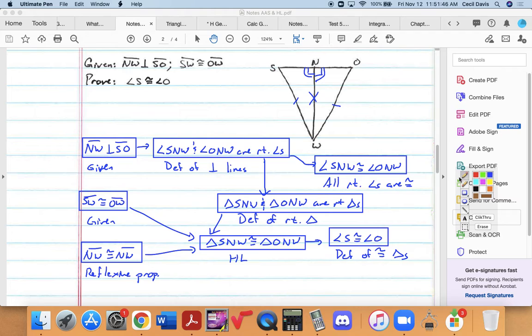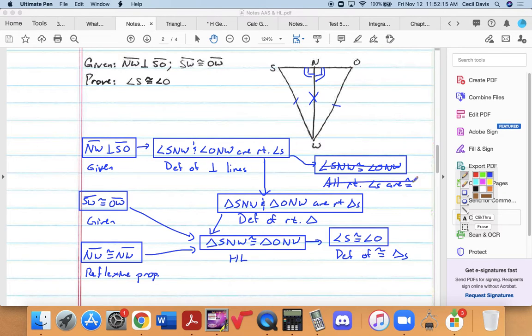I want to point something out to you before we go on to the next one, and that is, did I really need this step? Did it lead anywhere? No. So if you had been thinking far enough ahead to realize that it was hypotenuse leg, you could have left that step off. It's not wrong if you write it down, though, because you've given a valid statement and a valid reason for it. If you do that on the test, if you want to cross it off, you can, or I will.